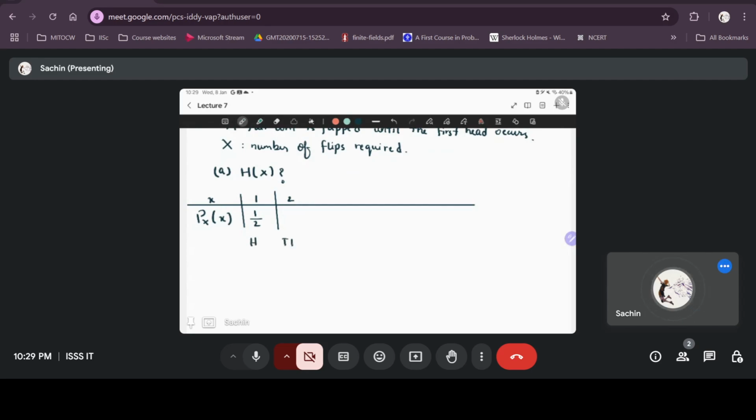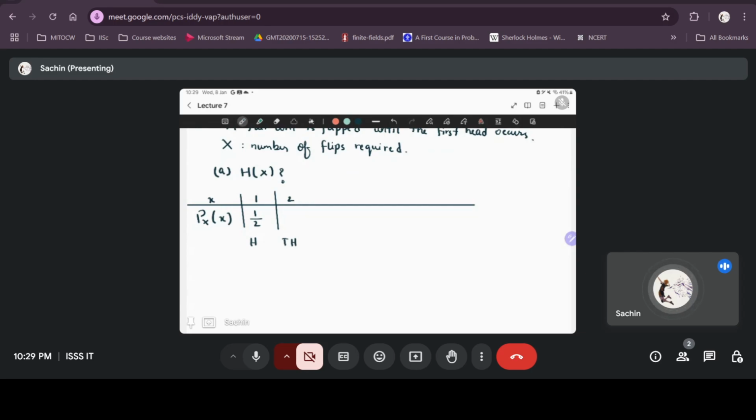So the sequence of heads and tails is TH. The first toss must have been a tail. If the first toss was a head, that would come under the previous outcome, and then X value would be 1.